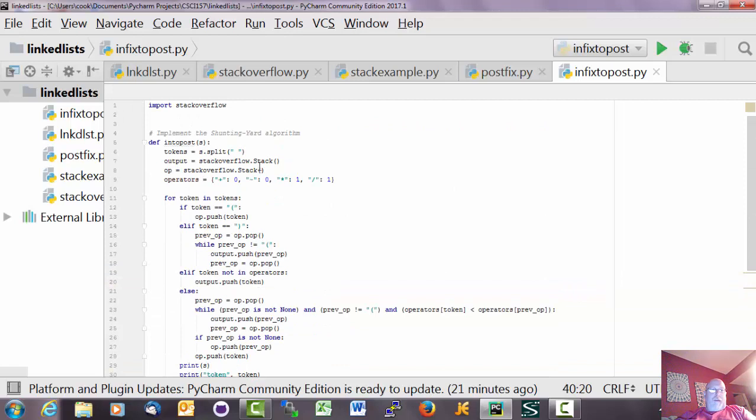For the Dijkstra algorithm, we need 2 stacks. Stack.py is where I've implemented a stack based on a linked list. So I'm creating 2 stacks, the output stack and the operator stack. The output stack is the stack that's going to eventually have the correct postfix expression in it, and the operator stack is a stack that's going to temporarily store the operations, because occasionally I'm going to need to reverse the order of those operations.